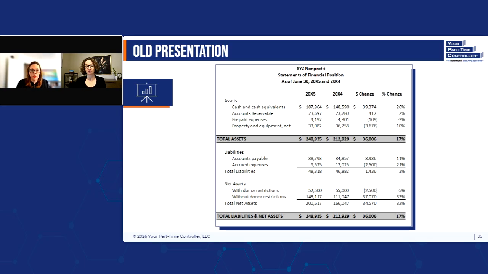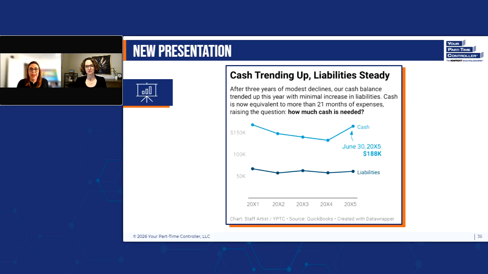It was another spreadsheet, but what do we even know if the amount of cash we have is good? But if we present it in a completely different way, using a graph, it really draws the attention of the reader about, oh my goodness, we have 21 months worth of cash to cover expenses, but do we really need that much, right? So again, then your meeting can go into, oh, should we be investing this?